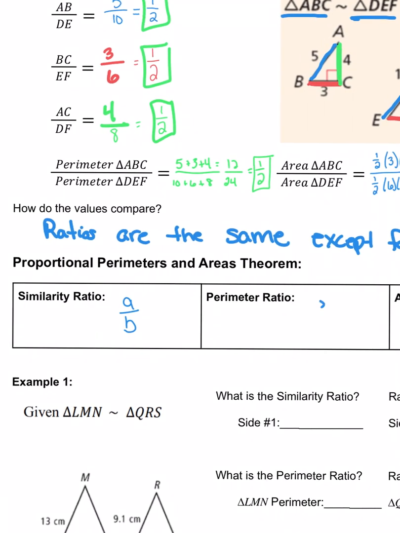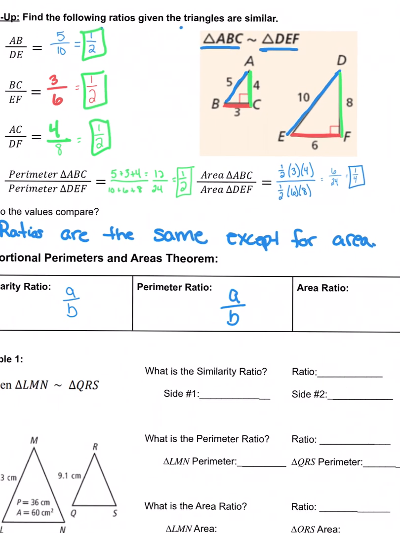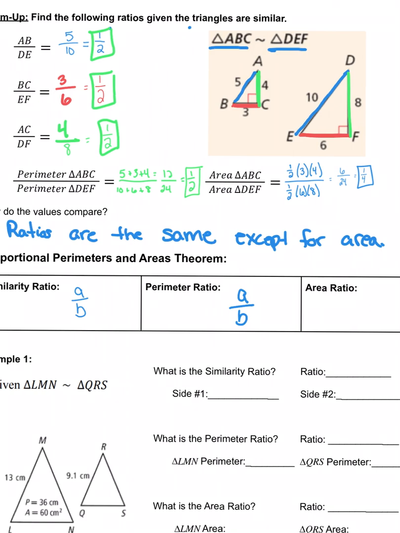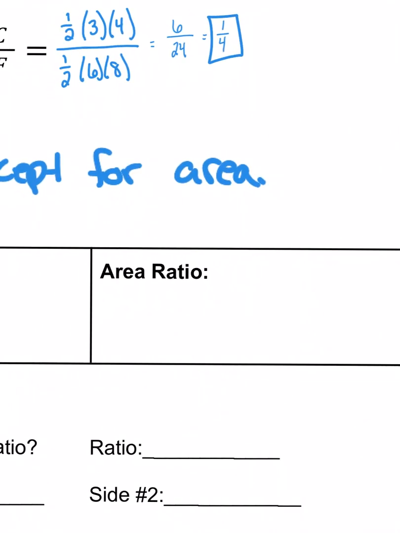So it would still be A over B. Now this is where things change a little bit. When we are talking about the area ratio, similar to how our units are squared, we're going to square our values. So if it's A over B, we're going to square that.